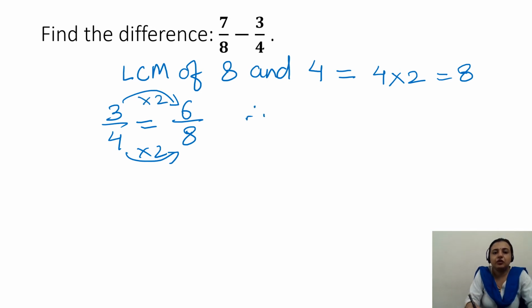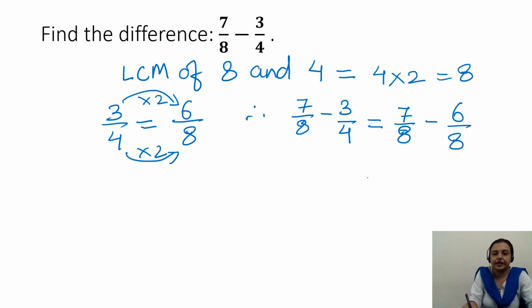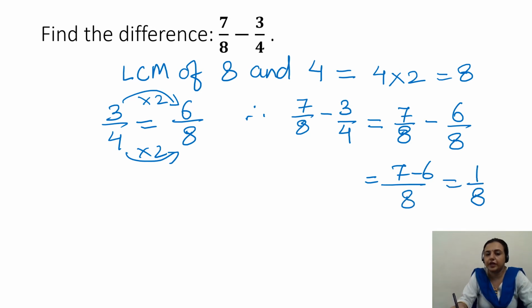So therefore, 7 upon 8 minus 3 upon 4 can be written as 7 upon 8 minus 6 upon 8, or I can say 7 minus 6 upon 8, which equals simply 1 upon 8. Okay, clear? Now next.